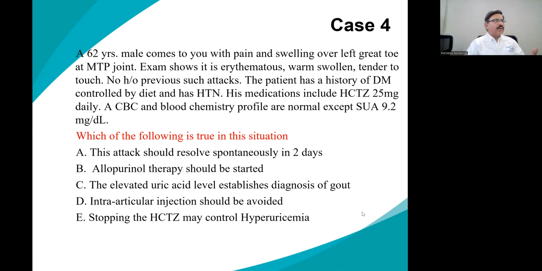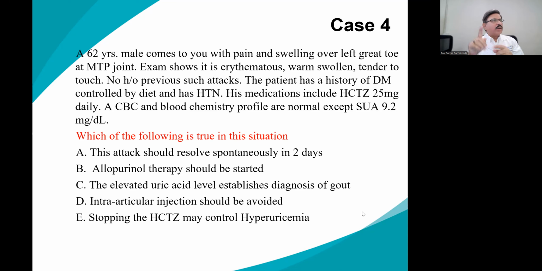What is this fellow? This fellow has drug-induced gout. If you stop that particular drug, see, he has no previous attack, he only has an acute attack, and for his treatment of hypertension there are several drugs, not hydrochlorothiazide alone. Hydrochlorothiazide is taken for years. Now blood chemistry, everything is normal. No uric acid crystals were demonstrated, except for the joint acute attack. And the uric acid level is 9.2.